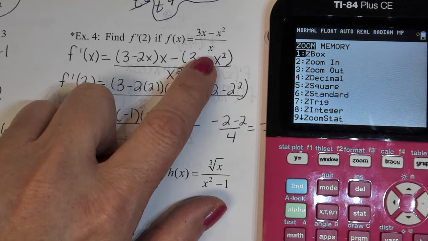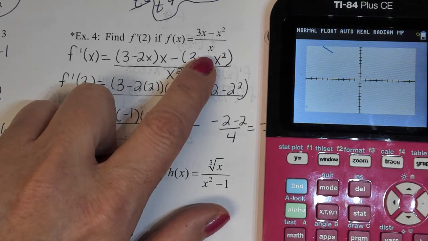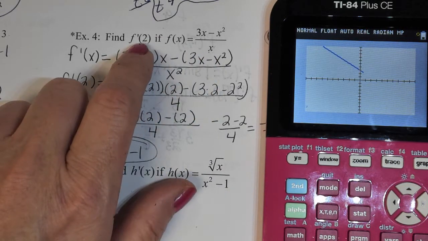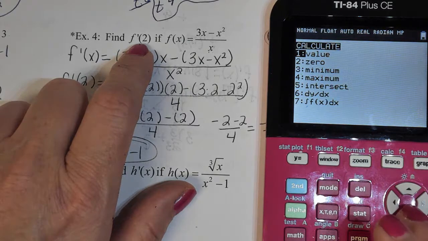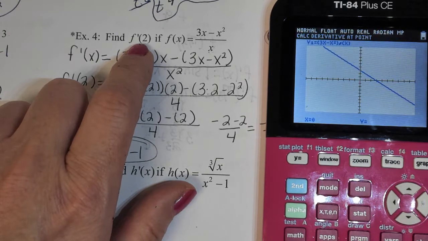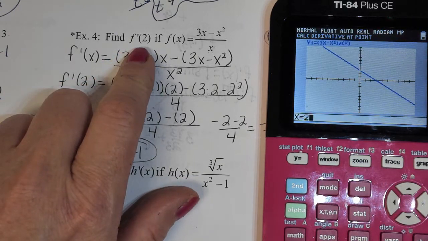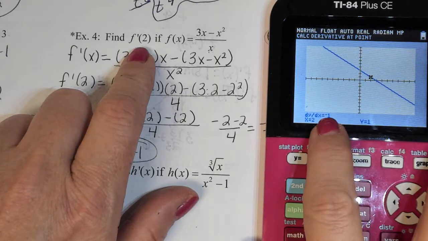And then I quickly do zoom 6 to graph it. And then we want to know what's the slope at 2. So once I have this, I can do my second trace, calculate dy dx at x equals 2, and it tells me that the slope is negative 1.